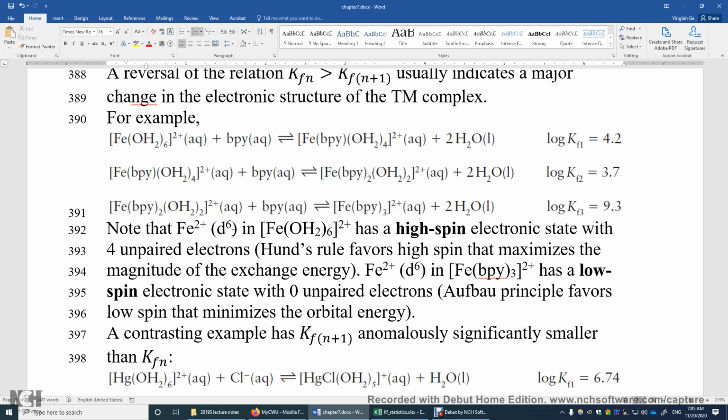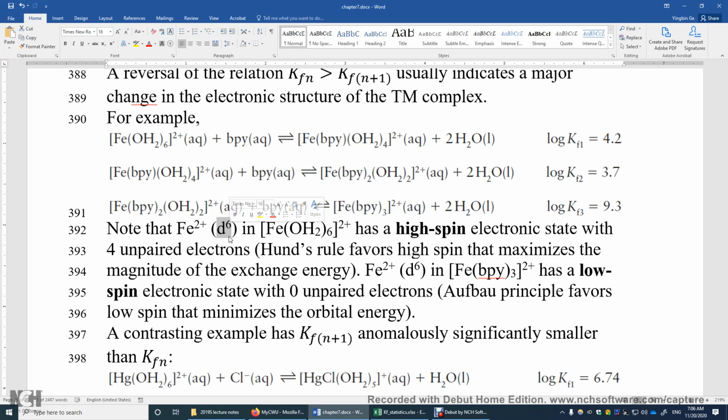The goal is to maximize the number of electrons with the same spin to maximize the magnitude of the so-called exchange energy. So in that case, when you put 6 electrons into 5 different d orbitals, there will be 4 unpaired electrons with the same spin. It's favored by Hund's rule because that will maximize the exchange energy. Why is that?